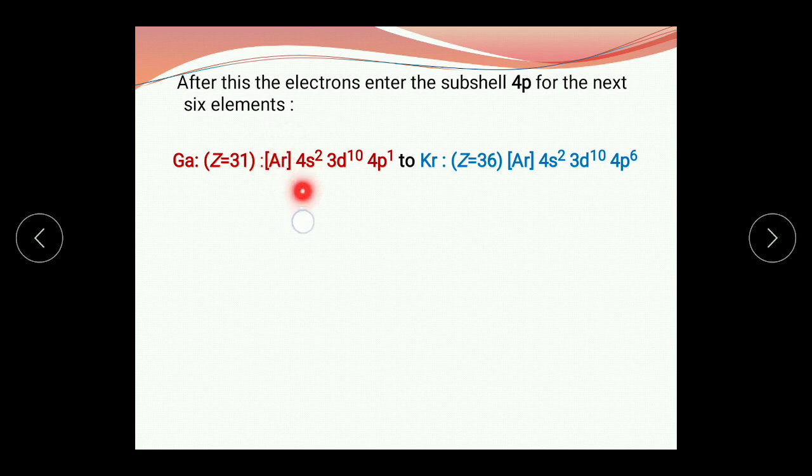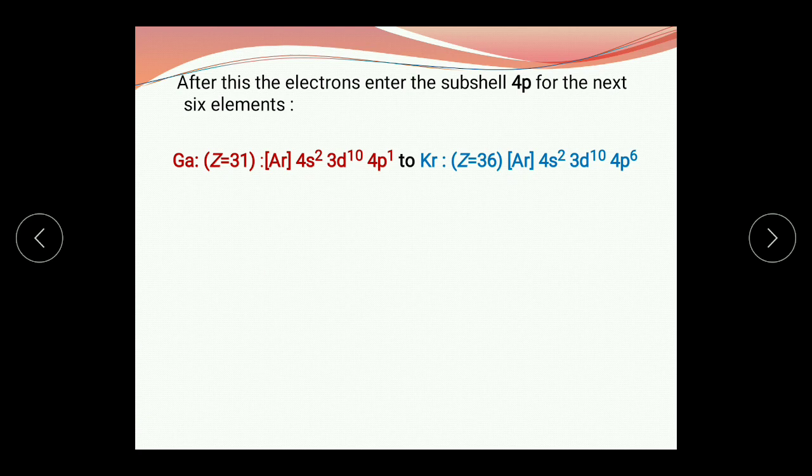It will be square bracket argon, that means 18 electrons, 4s2, 3d10, that means again 18, 20, 30 will be finished here at 3d10. The 31st electron will enter 4p. 4p has a capacity to accommodate 6 electrons. 4p1, 4p2, 4p3 and 31, 32, 33 like that. When we come to 36, that will be 4p6 and that is krypton, again a noble gas with complete octet.